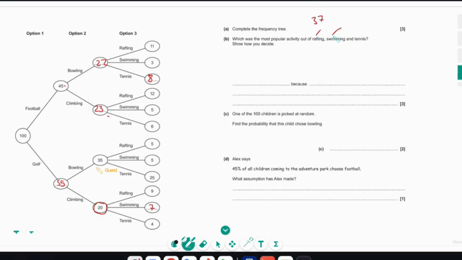The total for swimming, 3 plus 5 plus 5 plus 7. And tennis, 8 plus 6 plus 25 plus 4, 43. So tennis is the most popular because more students chose tennis.